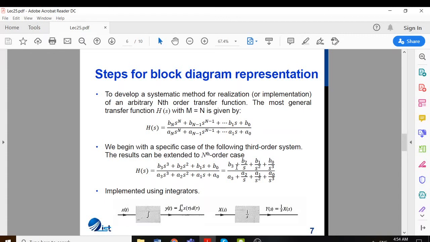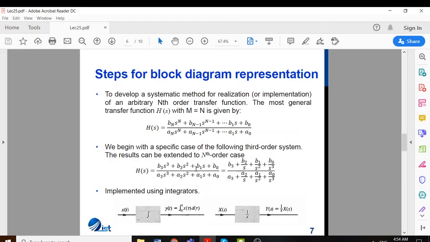So let's say we take a third order system. A third order system can be represented in this form. Now we'll stop at this point and discuss whether we can draw a block diagram from this first expression or not. Yes, we can.